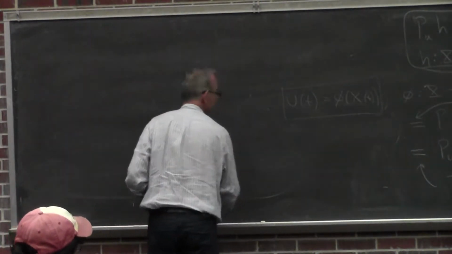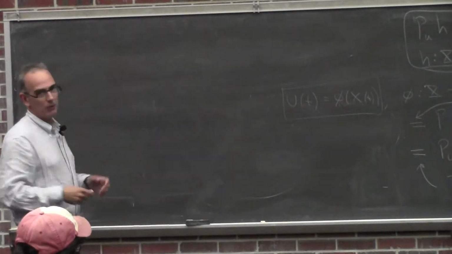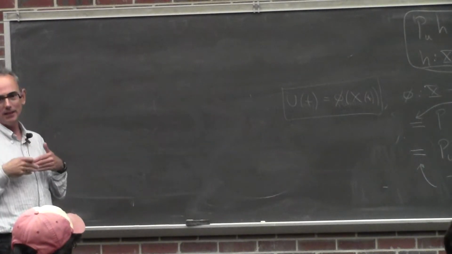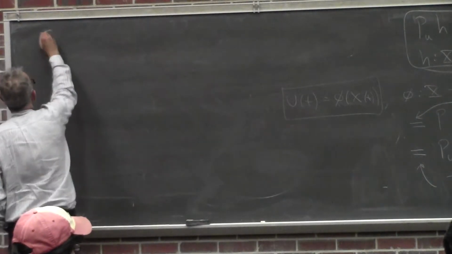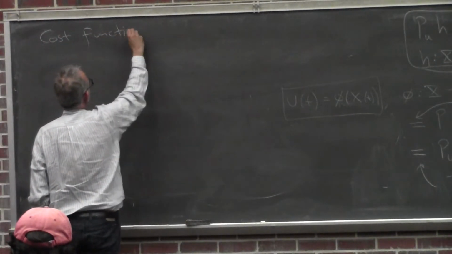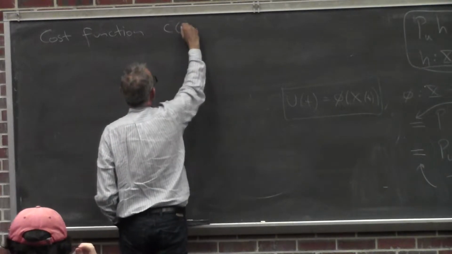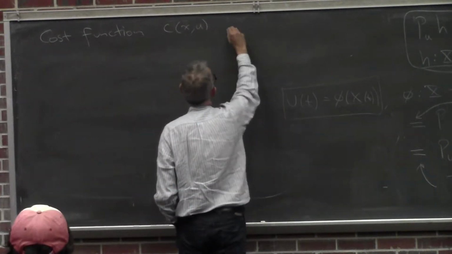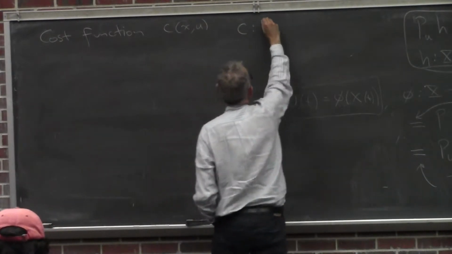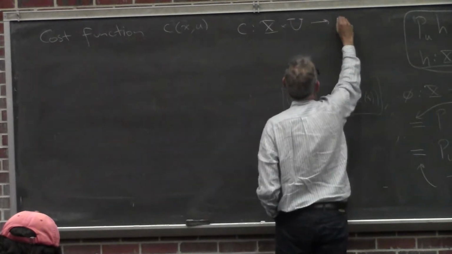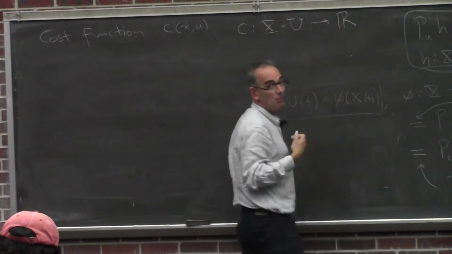All right. So we're going to have a cost function, like we had before, but now it depends on states and inputs. And forget it, I'm a control person.